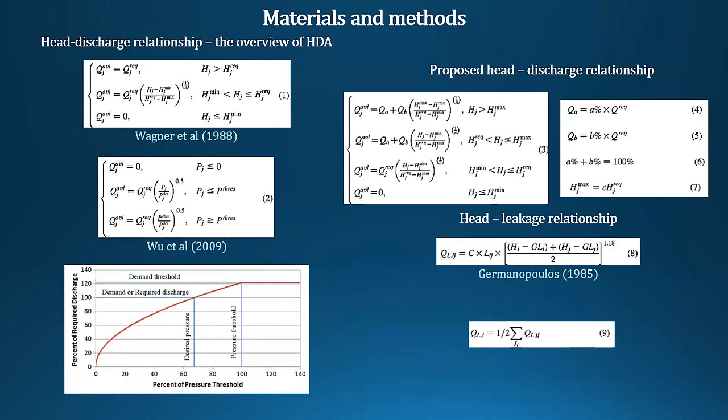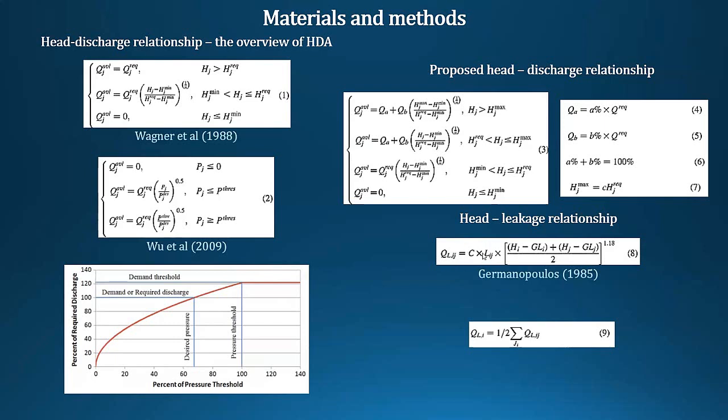This paper additionally has the head-leakage relationship. In the same way as the head-discharge relationship, we have some equations proposed, the most relevant being the one proposed by Yiannopoulos in 1985. These equations take into account the discharge from the point on the pipe, Fg, that is this term.